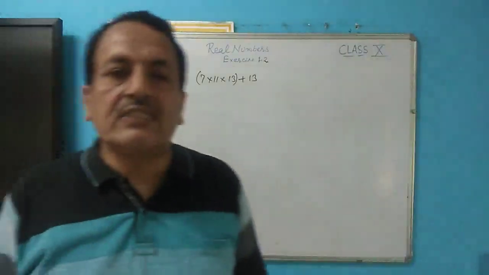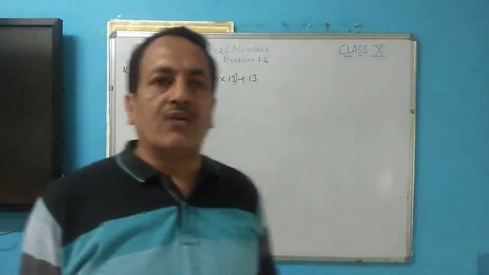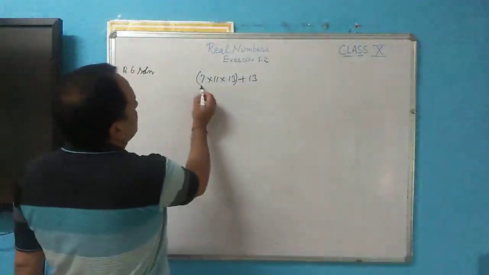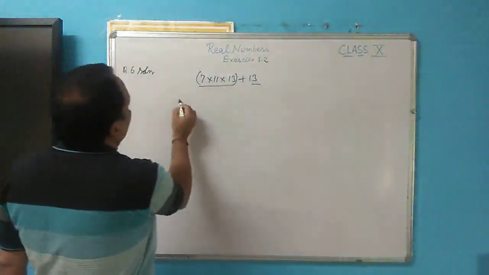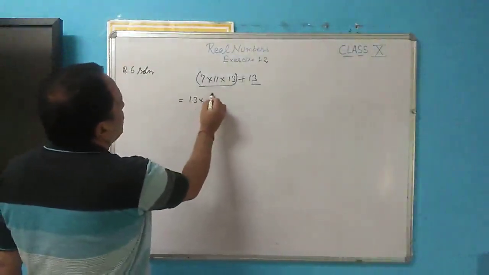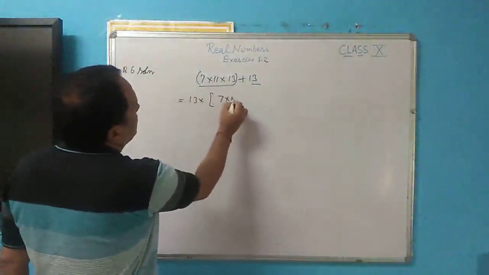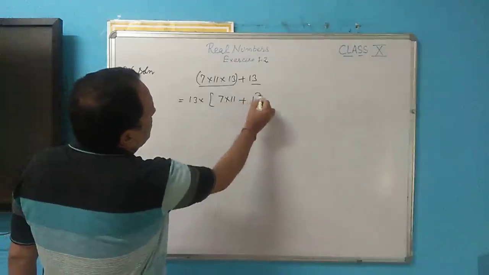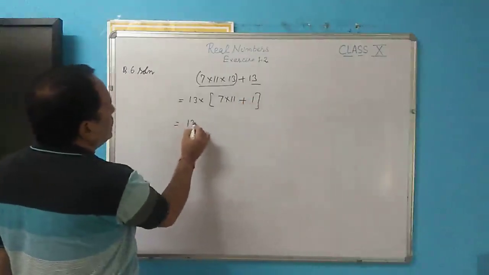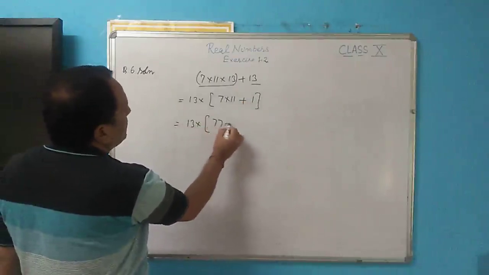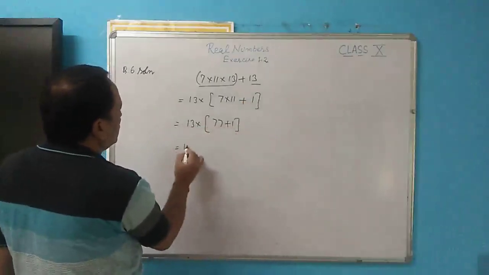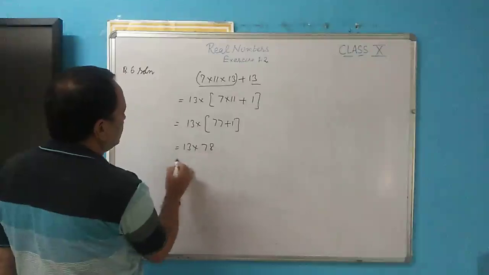Composite number has at least two prime factors. So in these two terms we find out that 13 is common, so we take 13 common, यहाँ से 13 common लिया, so we get 13 into 77 plus 1, so 13 into 78.